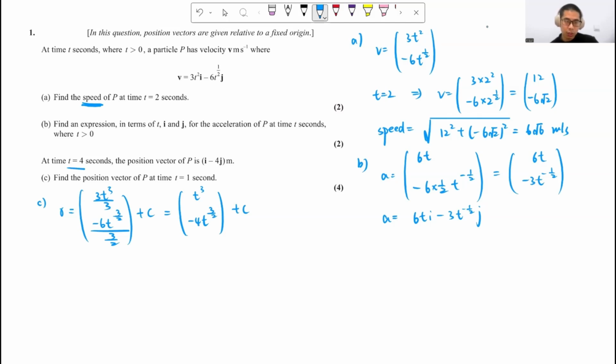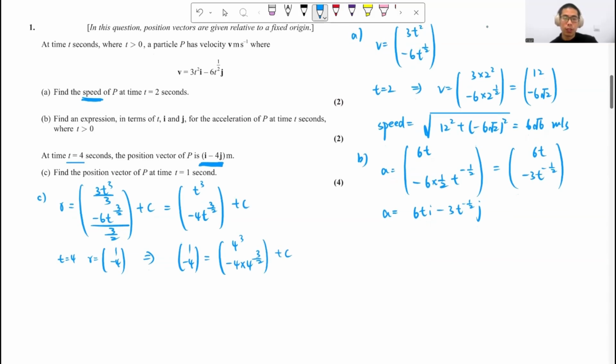So it says when t equal to 4 seconds, the position vector of P is i minus 4j. So it just means when t equal to 4, r is equal to (1, negative 4). So if we put in, then we have (1, negative 4) is equal to, so t equal to 4, that would be 4 cubed, and then negative 4 times 4 to the power 3 over 2, plus c. So to work out the value of c, we can just minus this vector from both sides.